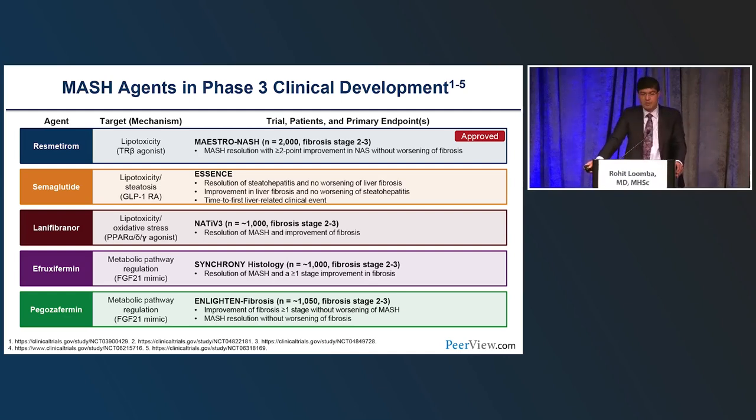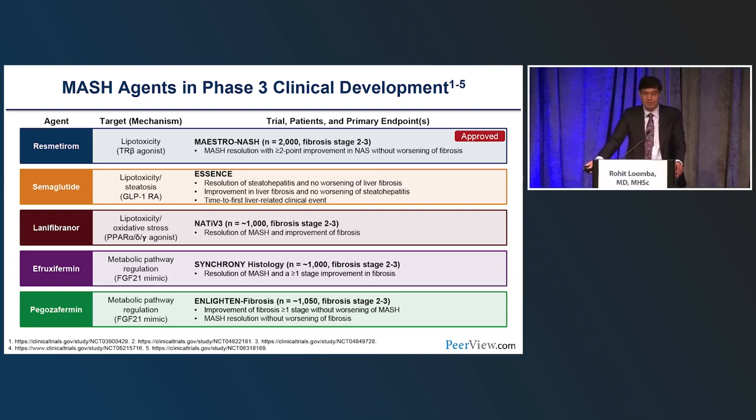Semaglutide, which is a GLP-1 analog, is currently being assessed in the ESSENCE trial for resolution of NASH without worsening of fibrosis, or improvement in liver fibrosis by one stage with no worsening of steatohepatitis, as well as time to liver-related clinical events. This trial is underway. Lanifibranor is a pan-PPAR agonist, and the NATiV3 trial is also underway, looking at resolution of MASH and improvement of fibrosis as endpoints.